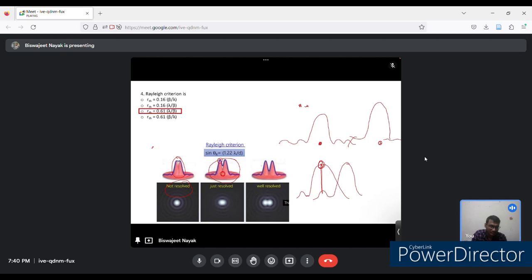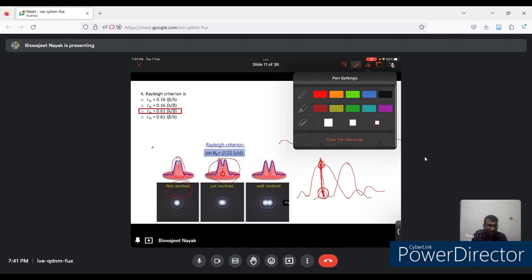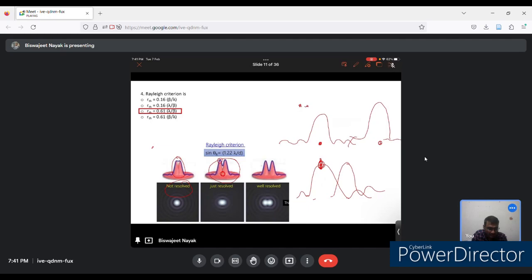These are overlapping. Yes, this is what you asked me, right? So the maxima of the first one intersects with the minima of the second wave.